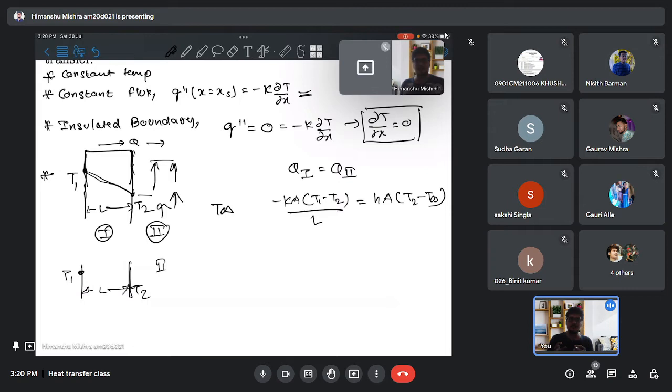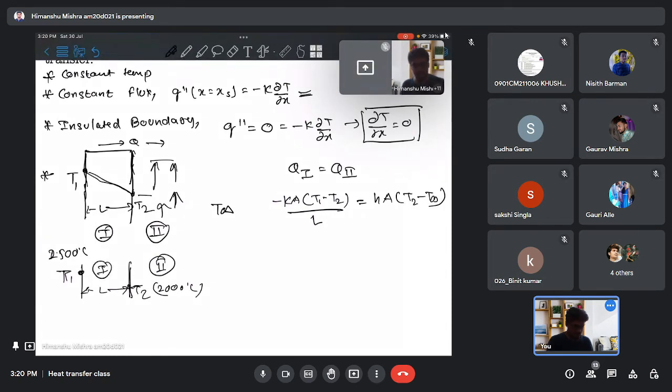So in that case you cannot neglect the radiation heat transfer. Let's say my T1 is 2500 degrees Celsius and T2 is 2000 degrees Celsius. You can see T2 is still high, and hence in this case we should consider the radiation heat transfer at the second region.